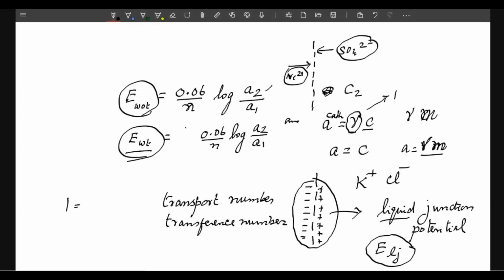Why is there such a difference? Because these two ions have different ionic mobility. Why do they have different ionic mobility? It is another concept. The ionic mobility we are going to discuss in the case of electrolytes, electrolysis, and conductometric titration, conductivity.